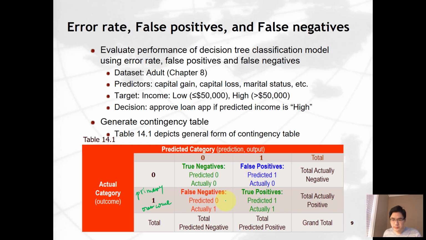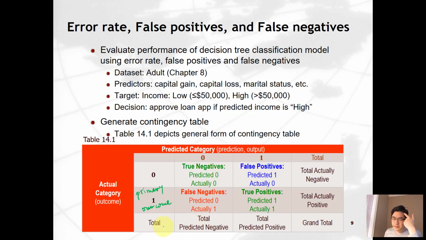But on the diagonal, false positive is when an actual low-income earner is incorrectly predicted or classified as a high-income earner. And here, false negative means it's an incorrect negative classification. An actual high-income earner is incorrectly classified as a low-income earner and classified to have a label of 0.